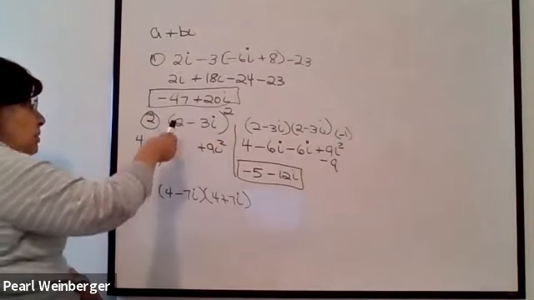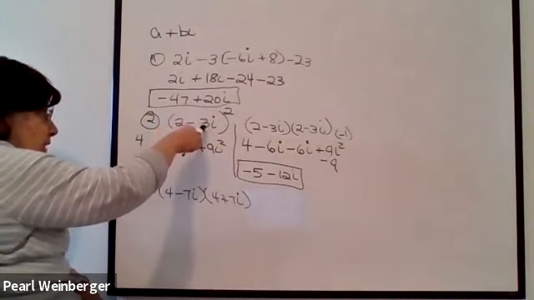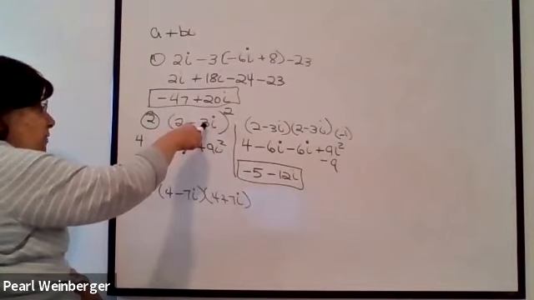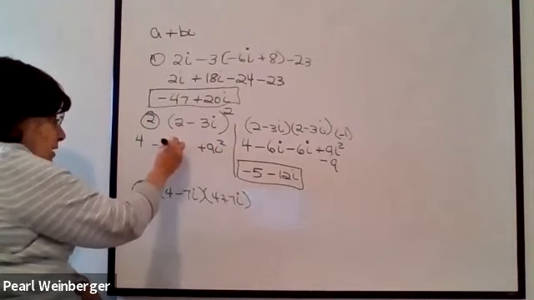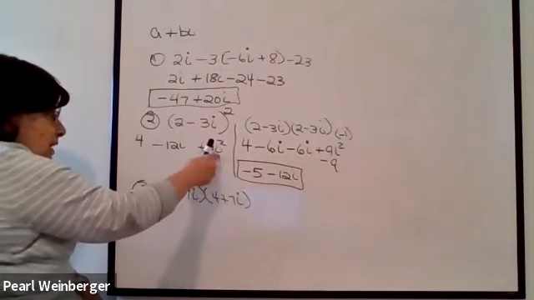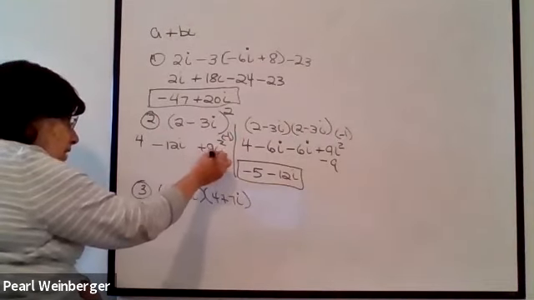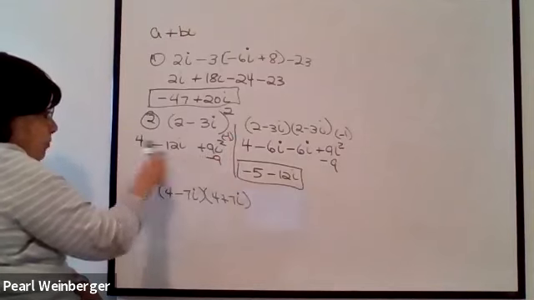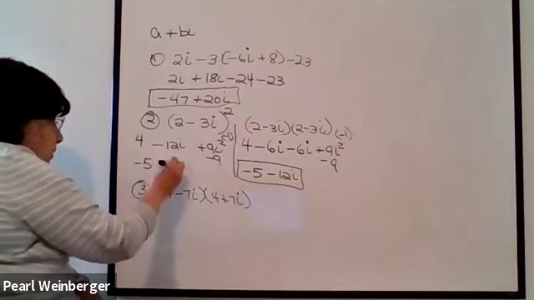And the middle term comes out to be, you multiply these two together, 2 times negative 3i is negative 6i, and you double it. Negative 6i doubled is negative 12i. And of course, this again is my negative 1. So this again makes this negative 9. And again, I have 4 minus 9, which is negative 5 minus 12i.